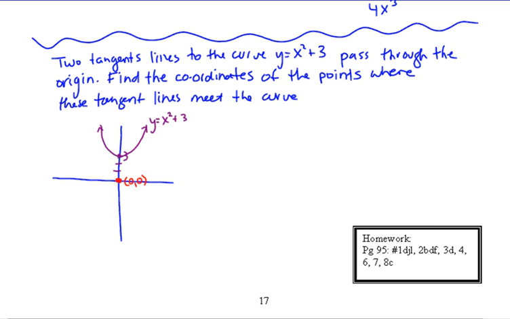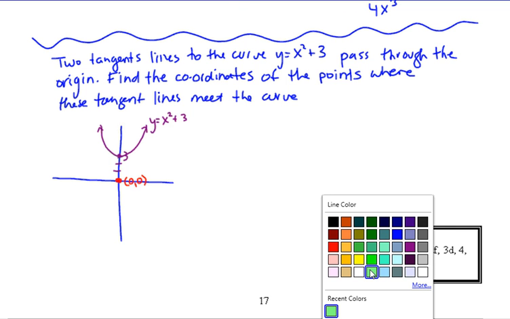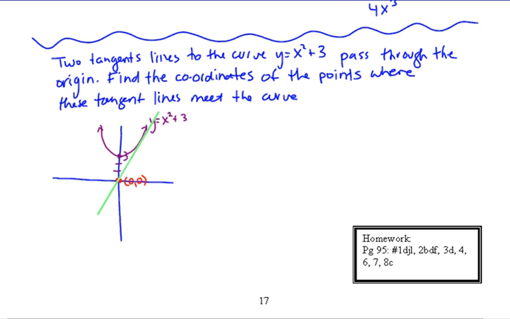So we have two tangent lines, let's make them green, going through 0, 0. We want to find those points on the curve. So how could we start this one?